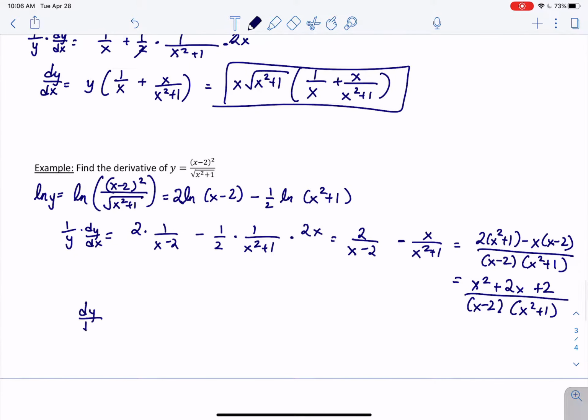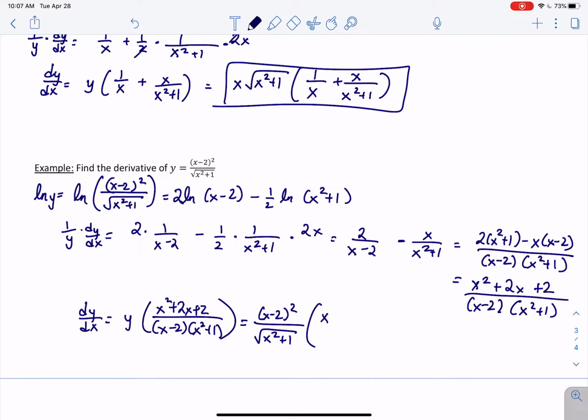Then I'm going to multiply the y on both sides to just get dy/dx. And substitute y back in. So y was (x minus 2) squared divided by the square root of x squared plus 1, times all of this stuff. Right, so imagine how complicated these problems were to do when you had to use the quotient rule. You'd have so many things going on. This hopefully makes some of that stuff simpler.